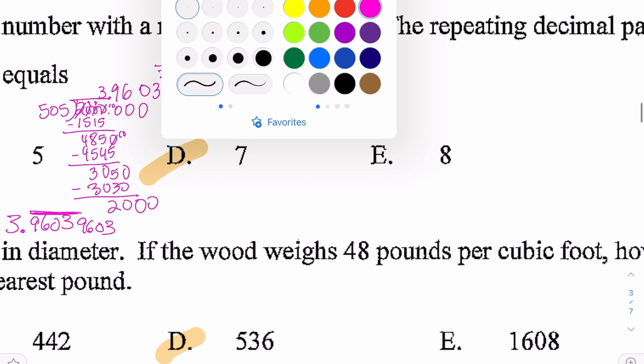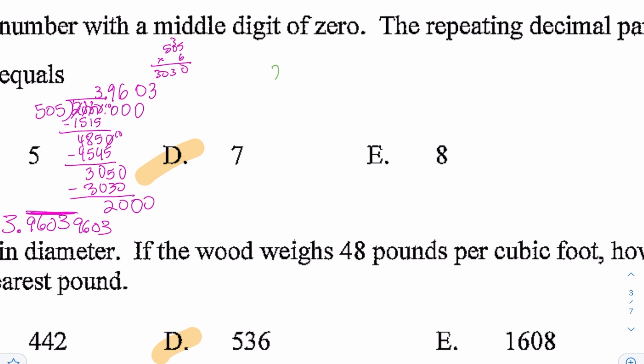All right, then you go to the next one. So try 2000 divided by 707. So this will only go in twice. And this would be 1414. Right, and then 5860, you would try 707 times the 8.